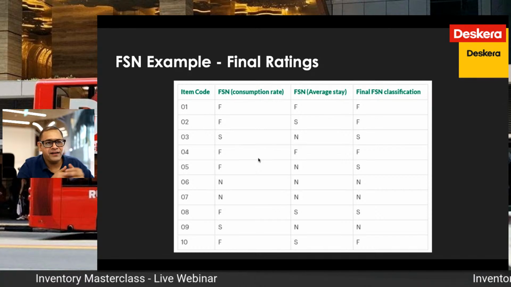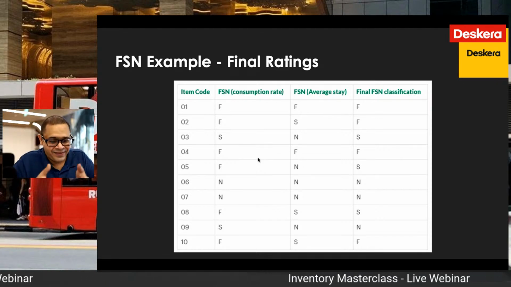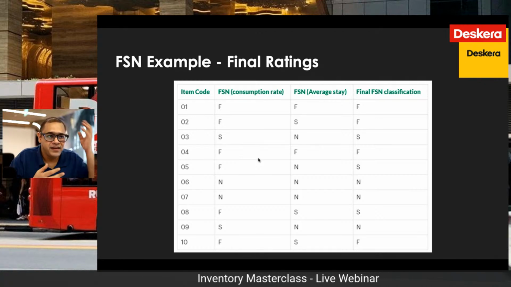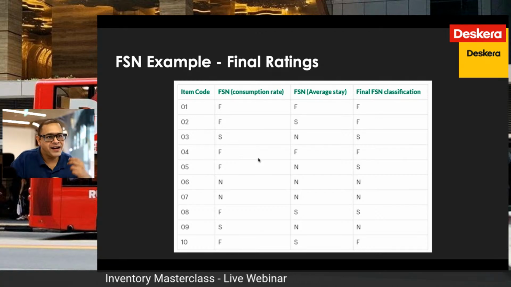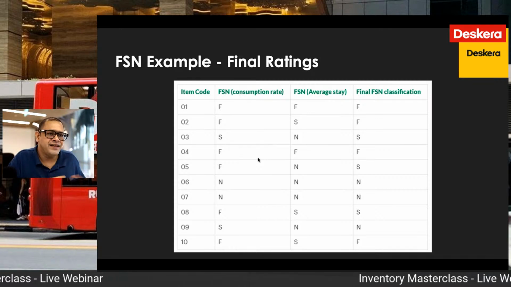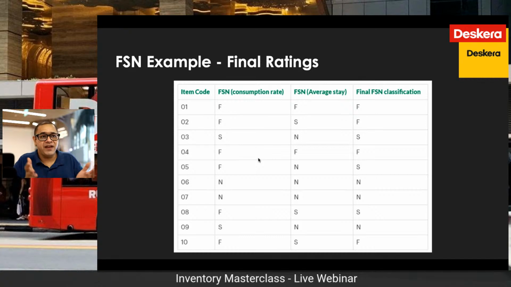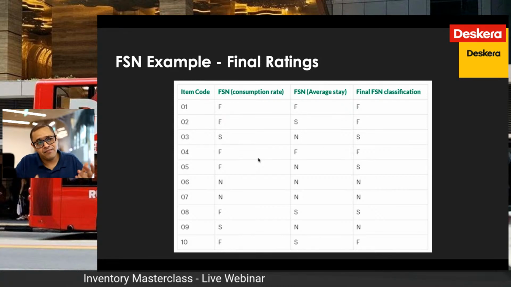If I want to solve a problem, first I have to know what the problem is, and this tells me exactly what the problem is. These goods are not moving. They are neither being consumed, they are not giving a good consumption value, nor are they moving off the shelf quickly, right? So now that's a problem that we have to solve. There are multiple ways to solve it.